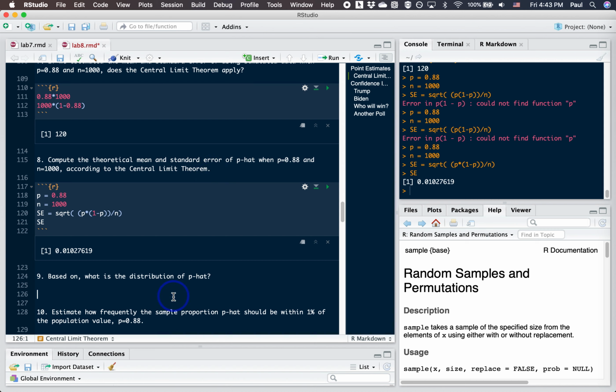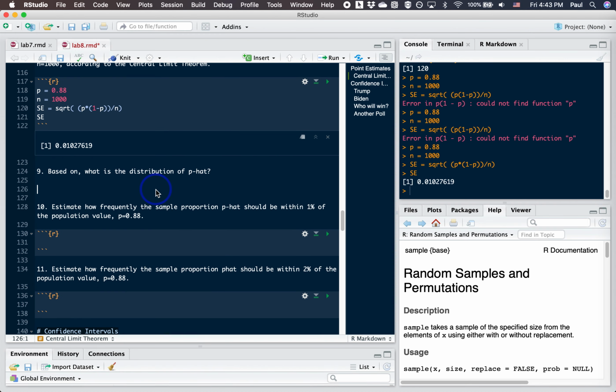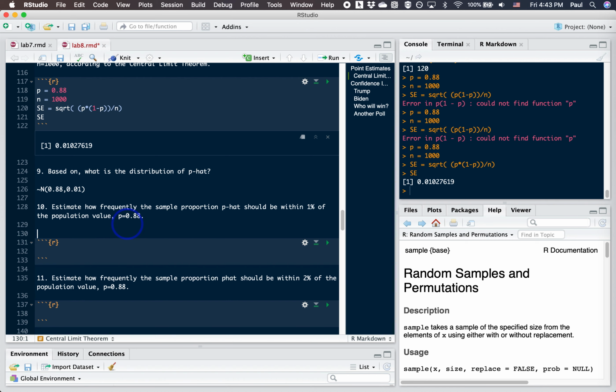So based on what this theory is saying, the purpose of this theorem is to say that our sampling distribution is approximately normally distributed with mean 0.88 and standard deviation 0.01. And that tells us what proportion of values fall within a range. What if we want to know what values fall between 87 and 89%?